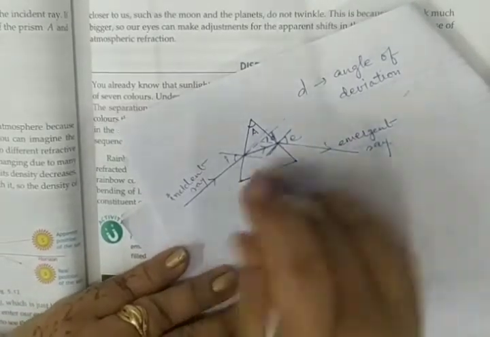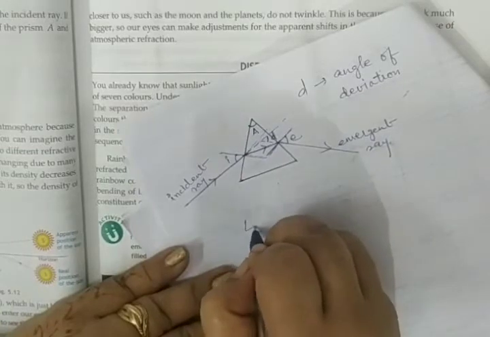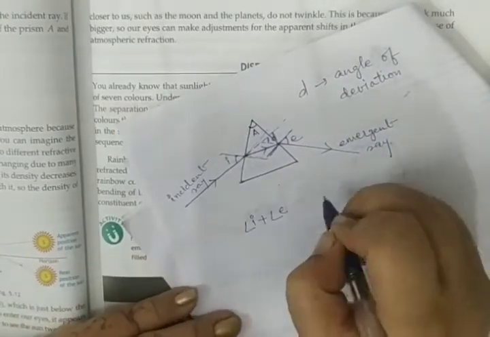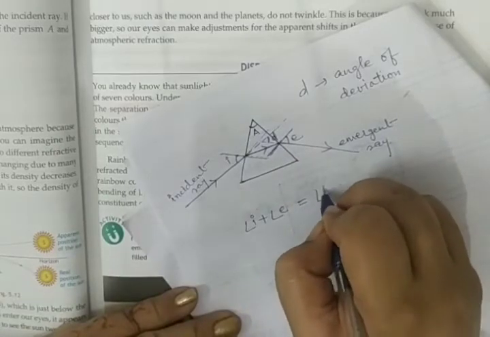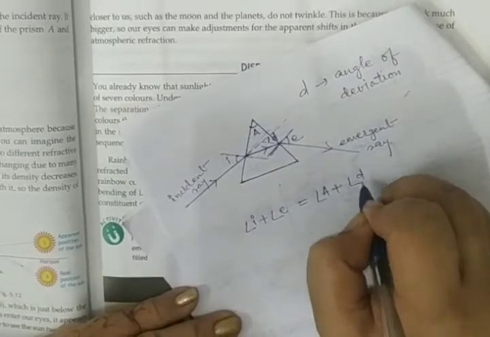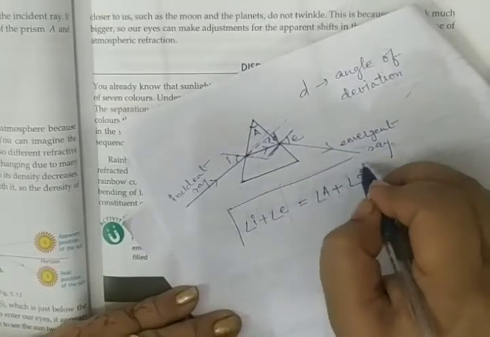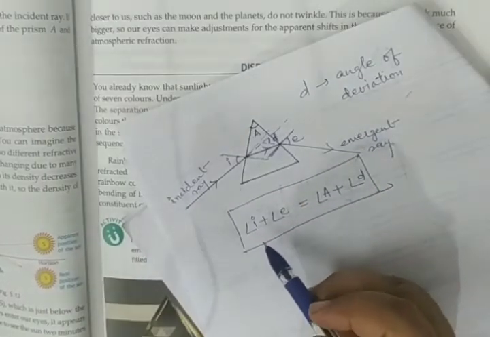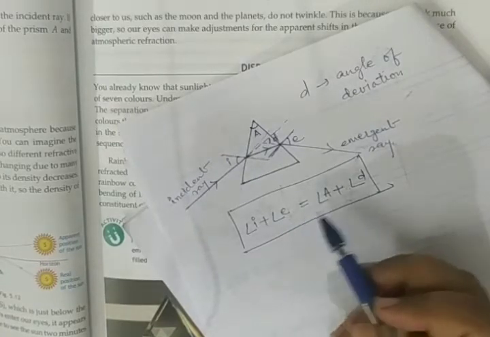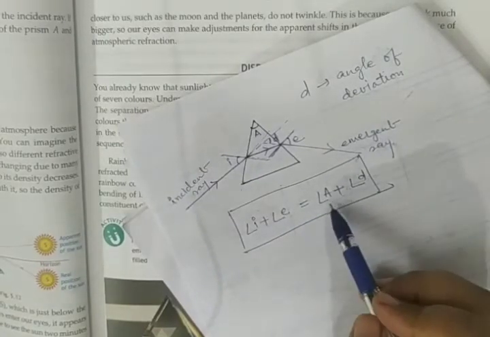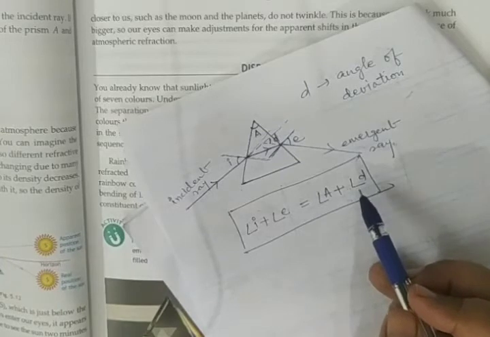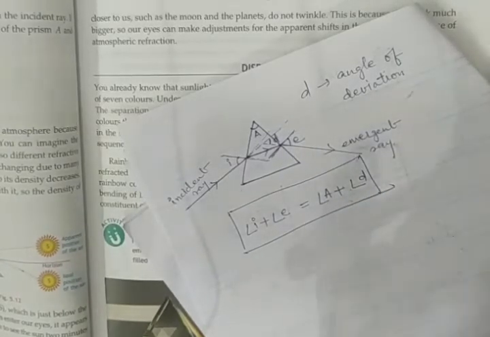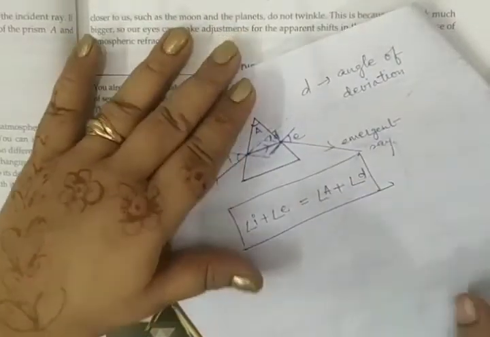Okay, and this whole thing is such that angle I plus angle E is equal to angle A plus angle D. Okay, that means the sum of the angle of incidence and angle of emergence is equal to the sum of angle of prism and angle of deviation. So that's all about glass slab and prism.